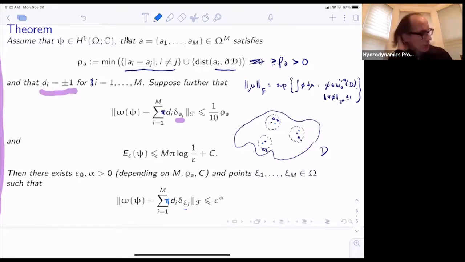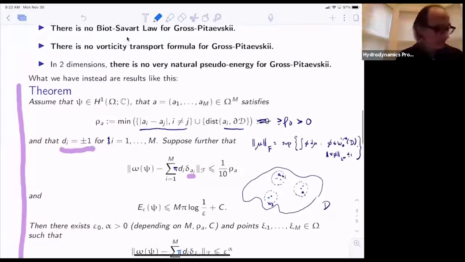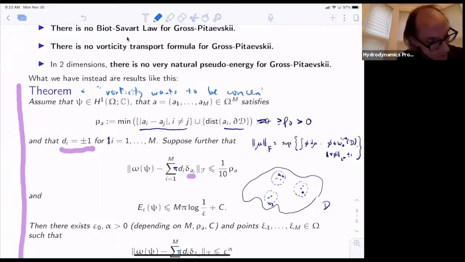So what this says is that the vorticity wants to be concentrated.